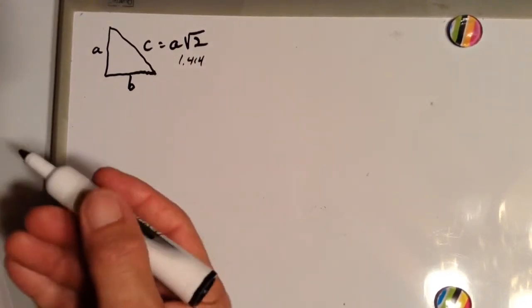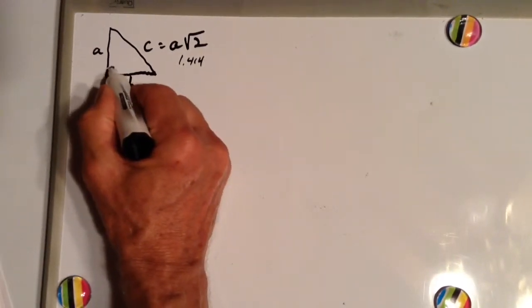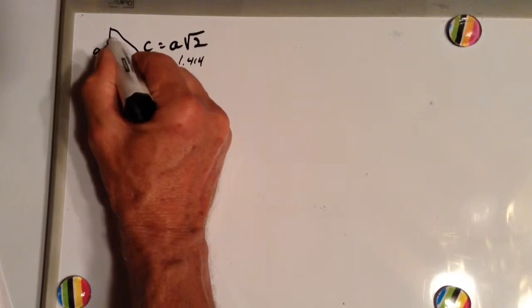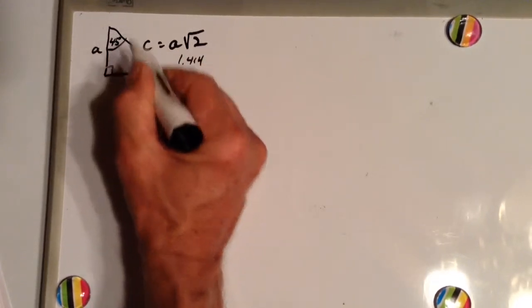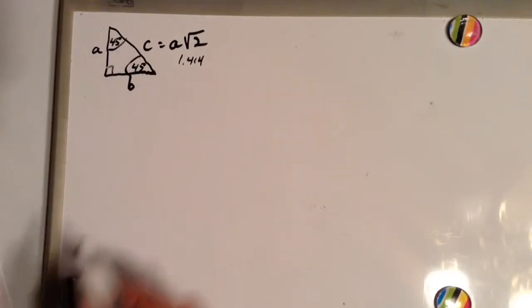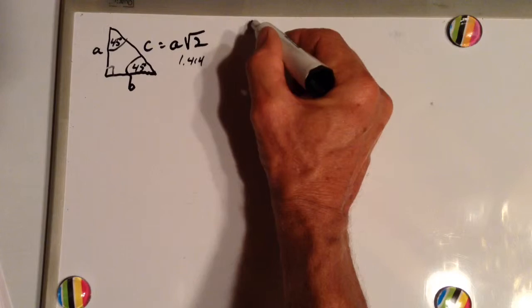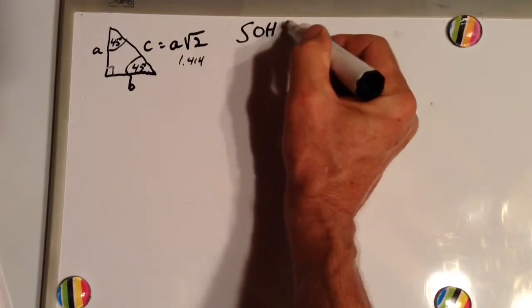Okay, if we use the trig function on our calculator, this is a 90-degree angle. Each of these are 45. This is what you call a 45-degree right triangle. We can remember our fellow named SOHCAHTOA.